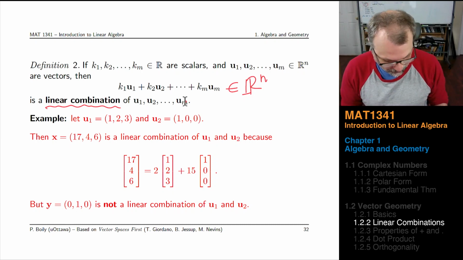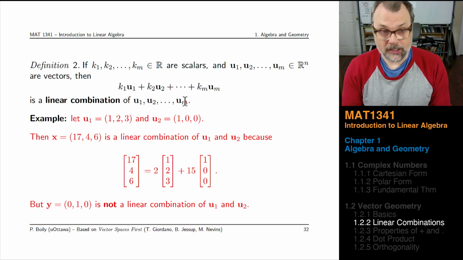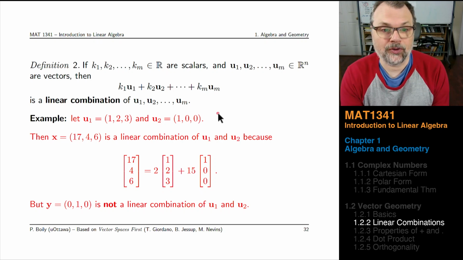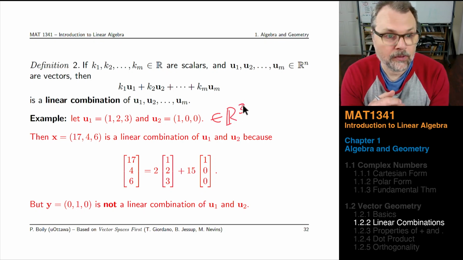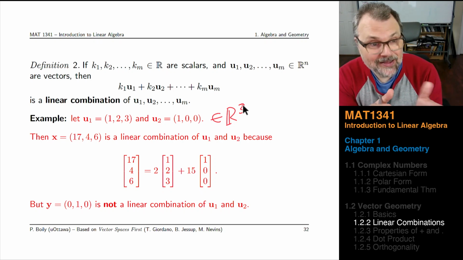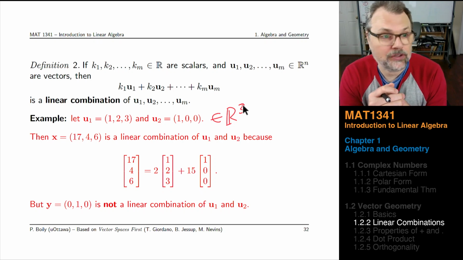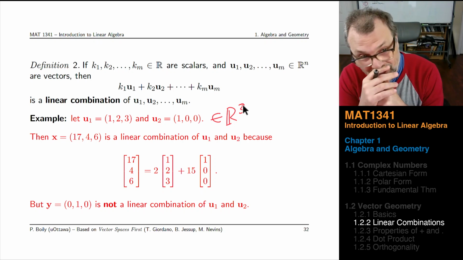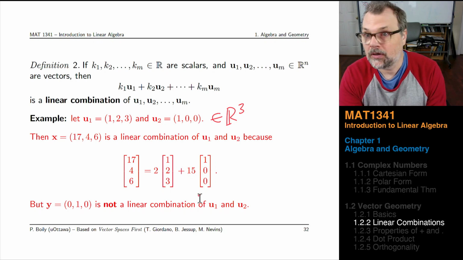So as an example, let's say you have the vector 1, 2, 3 in R3 and the vector 1, 0, 0 in R3. Both of these are three-vectors. You can add them together. It turns out that the vector 17, 4, 6 is a linear combination of these vectors u1 and u2 because you can write 17, 4, 6 as twice the first vector plus 15 times the second vector.